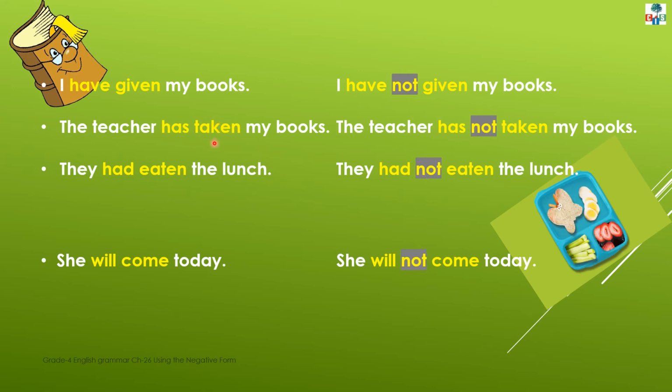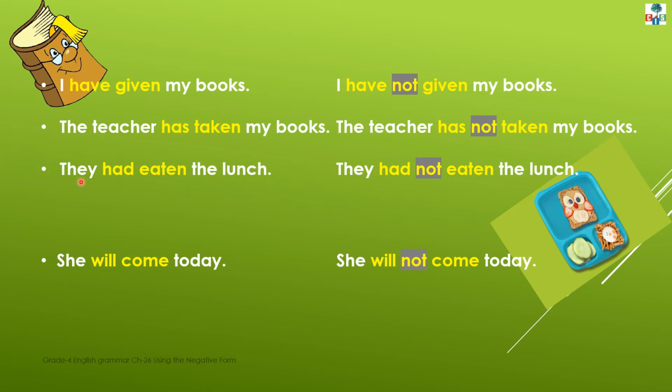Here, taken is the past participle form of the verb take. Take, took, taken. And when we change it into negative, we will use not after the helping verb. The teacher has not taken my books.